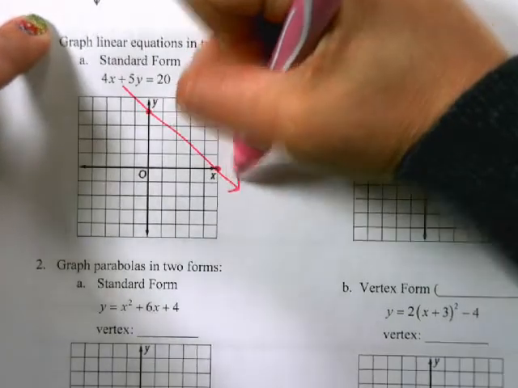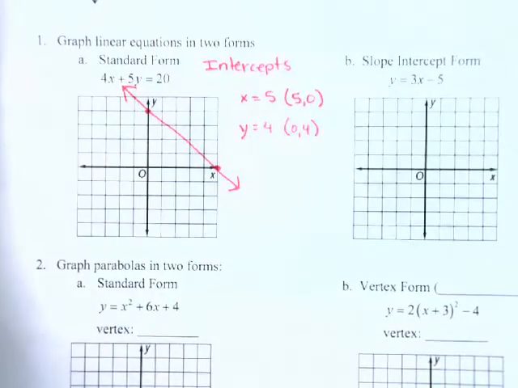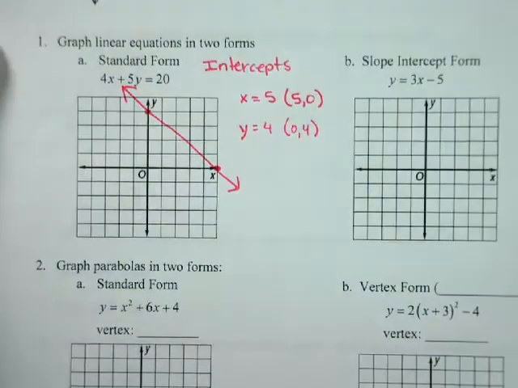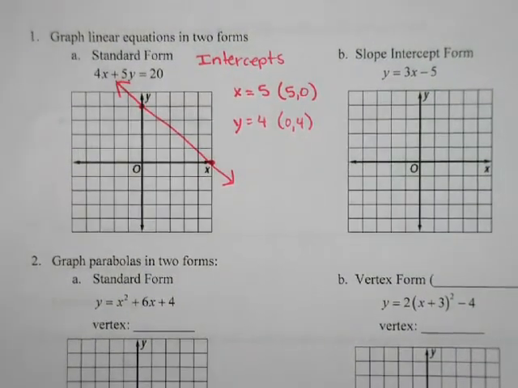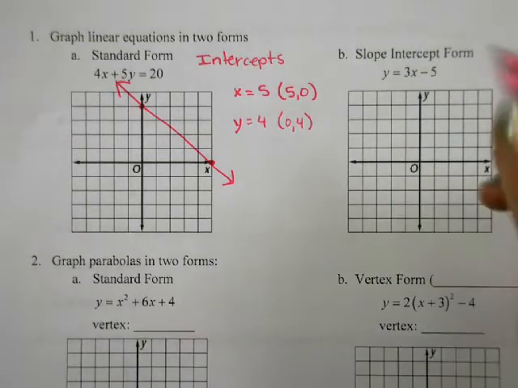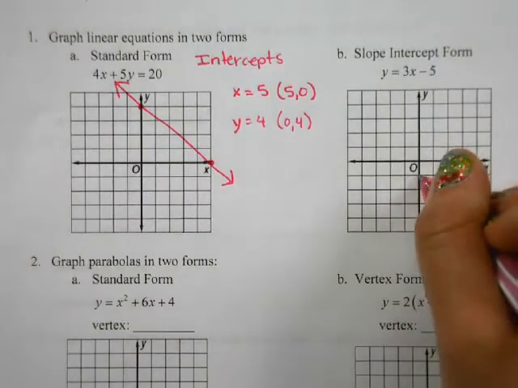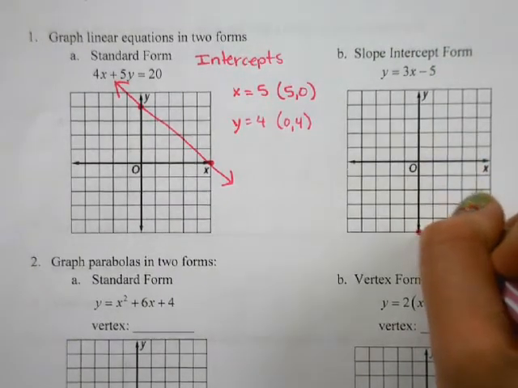I'm not going to make you graph lines on your homework. How about if it was in slope-intercept form? Where do I start? y equals mx plus b. We're going to start with our y-intercept, negative 5. 1, 2, 3, 4, 5.